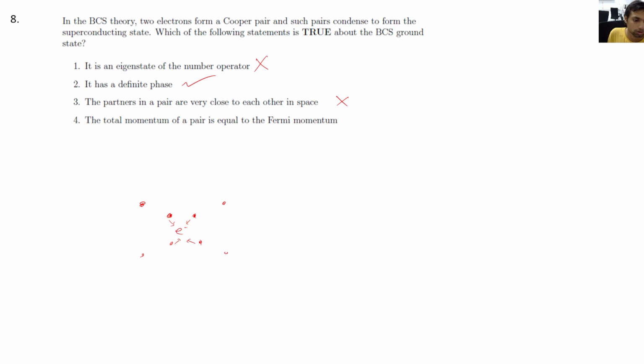Then as this electron goes away, it will take some time for the nuclei to relax back. So when the other low energy electron comes, it will get attracted by this lattice, which is a small positive charge. So in the spatial dimension, these two electrons can be really very far apart. It is the effect of this electron which the other electron will see.